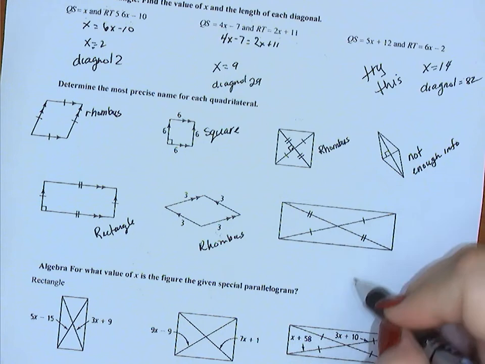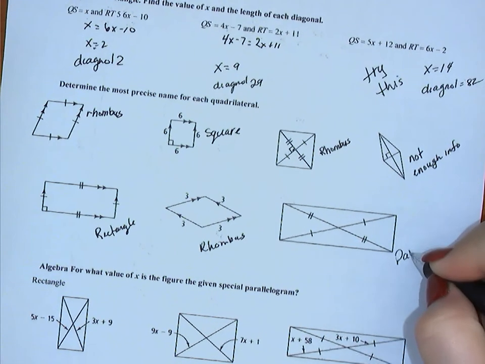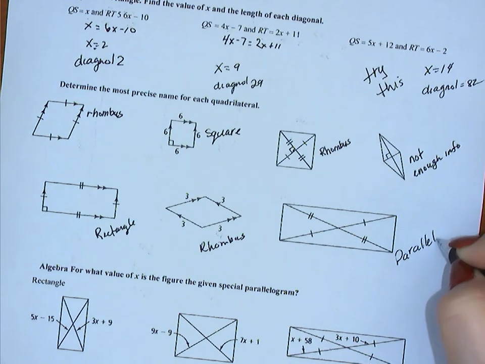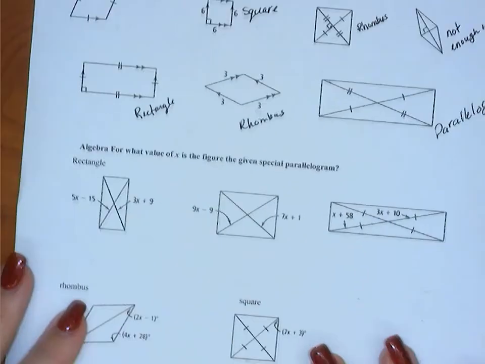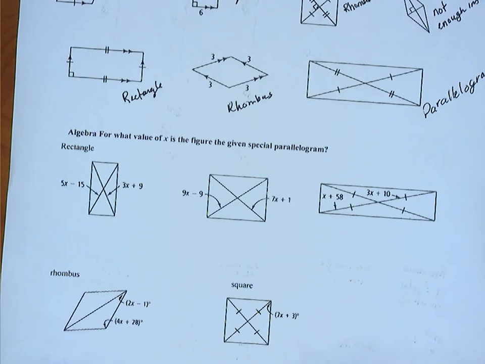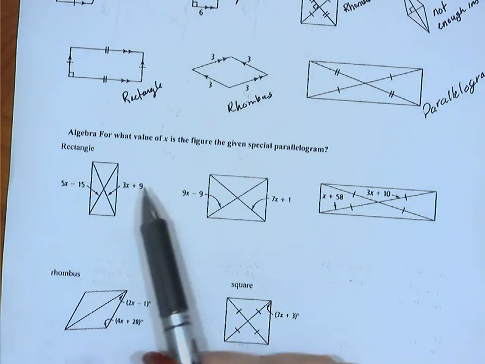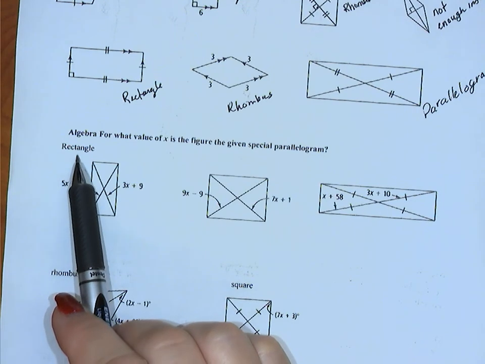If you didn't, then you need to come see me so we can make sure you're identifying the right quadrilateral. Okay, and here we go. Our last thought. For each of the values of x in the figure, it has to meet the requirements so that it makes this special parallelogram.